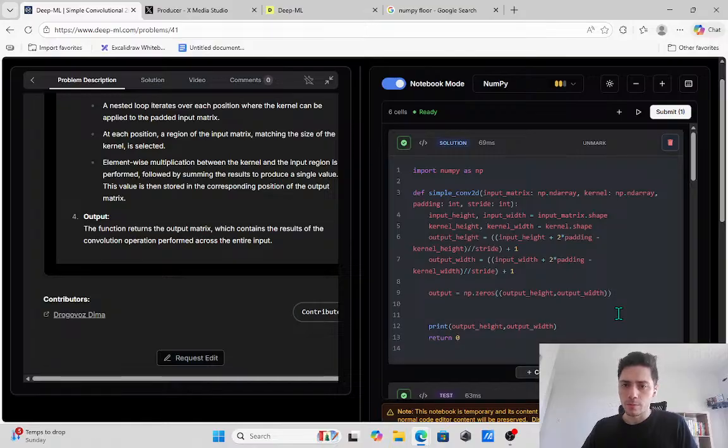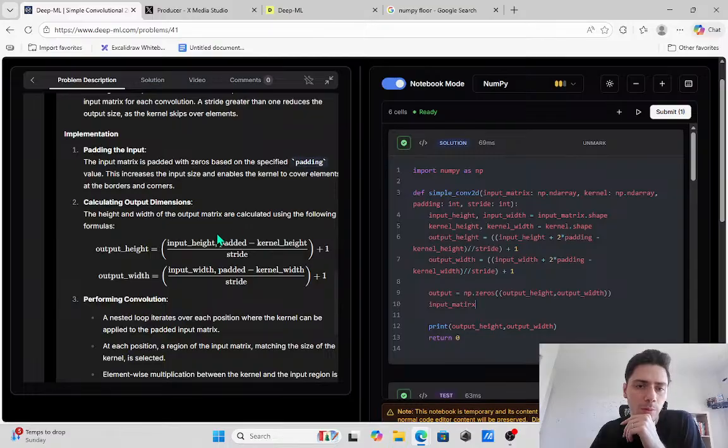So we have input matrix. Oh, maybe that was the issue above. Maybe that's why this formula wasn't working. I probably should apply the padding. Oh, yeah. Implement the padding first, and then I guess this also works.